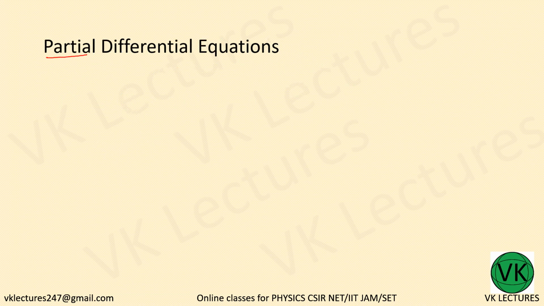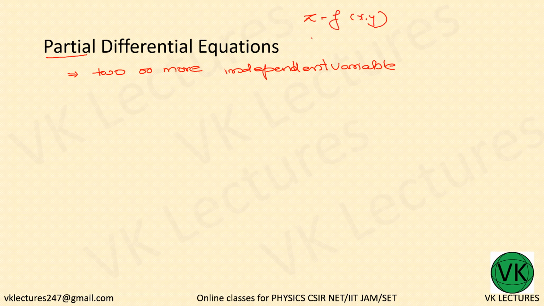Now, what do you mean by partial differential equations? In the case of partial differential equations, you have two or more independent variables. Sometimes z is equal to some function of x comma y, or y is equal to some function of x comma t, like a is equal to a e to the power i(kx minus omega t).